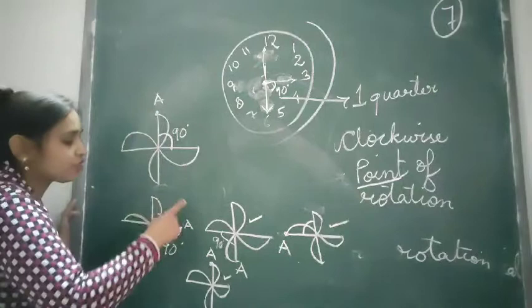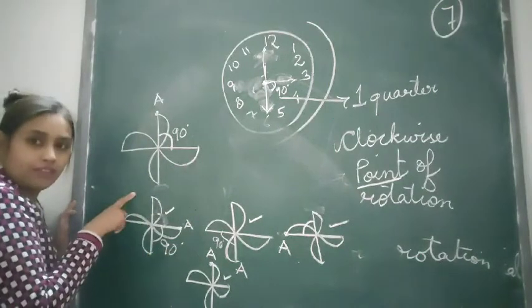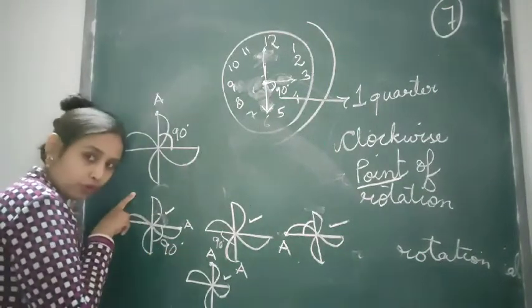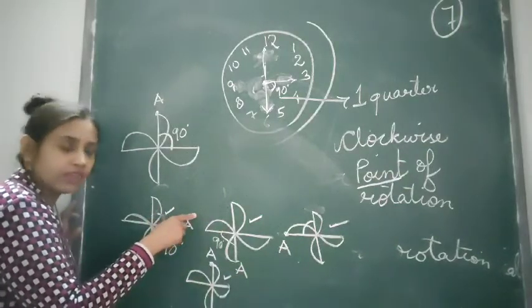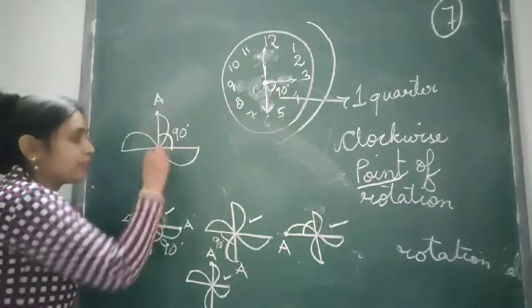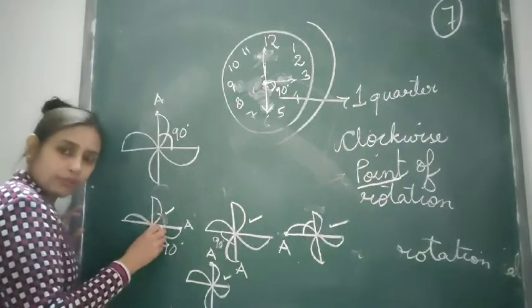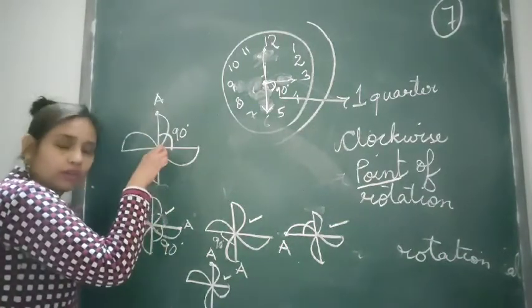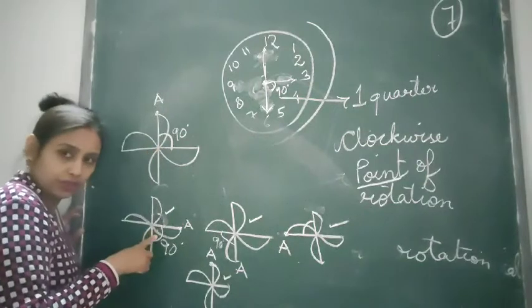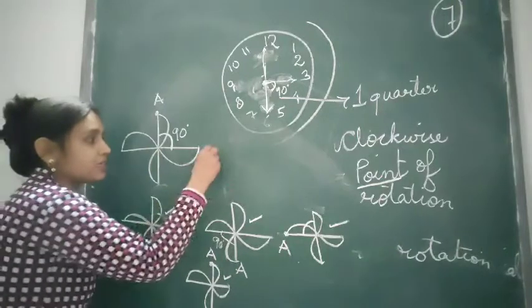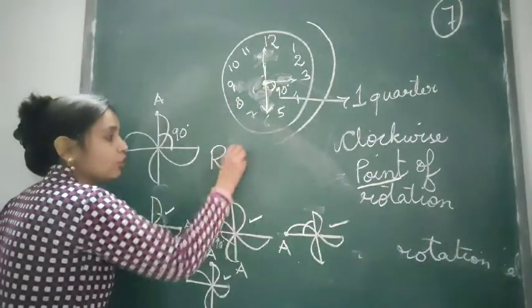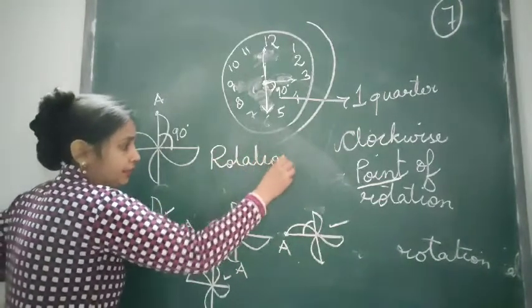Okay. Now such type of rotation where you cannot understand the difference, where there is no difference between the two images, one before rotation, one after rotation, then such type of symmetry is known as rotational symmetry.